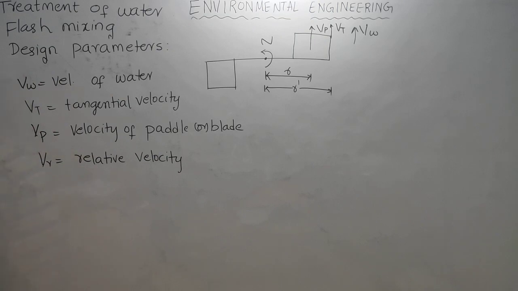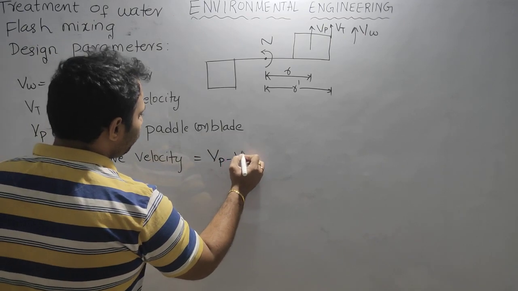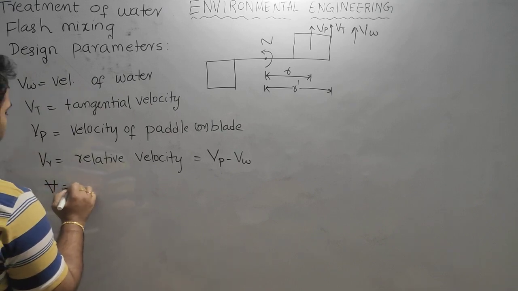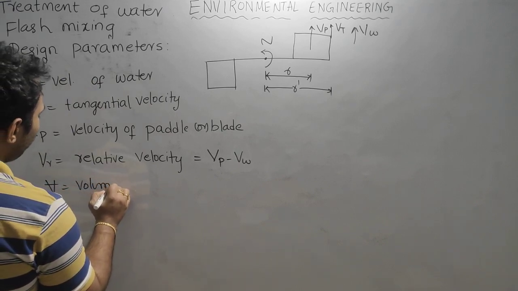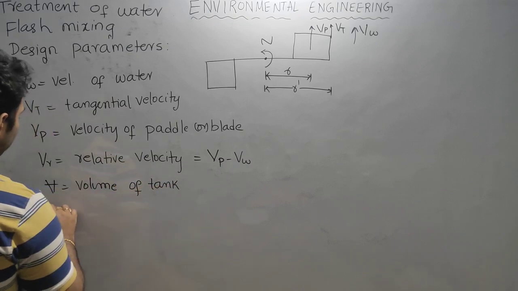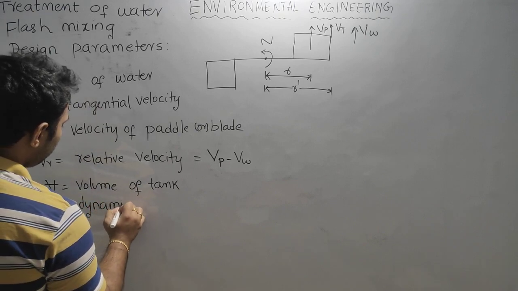Vp is the velocity of the paddle, and Vw is the velocity induced in water. The relative velocity is equal to Vp minus Vw. And V is the volume of the tank, and mu is dynamic viscosity.